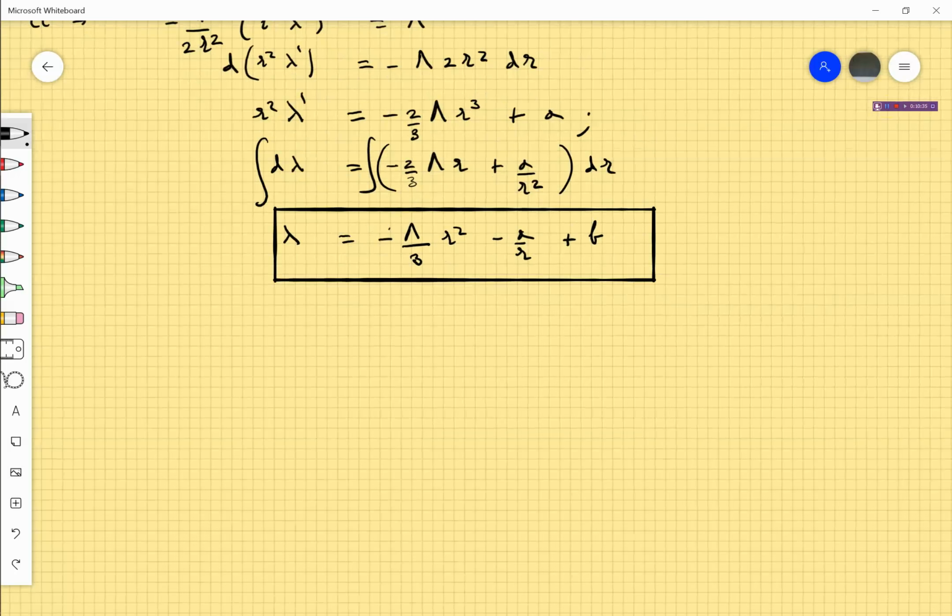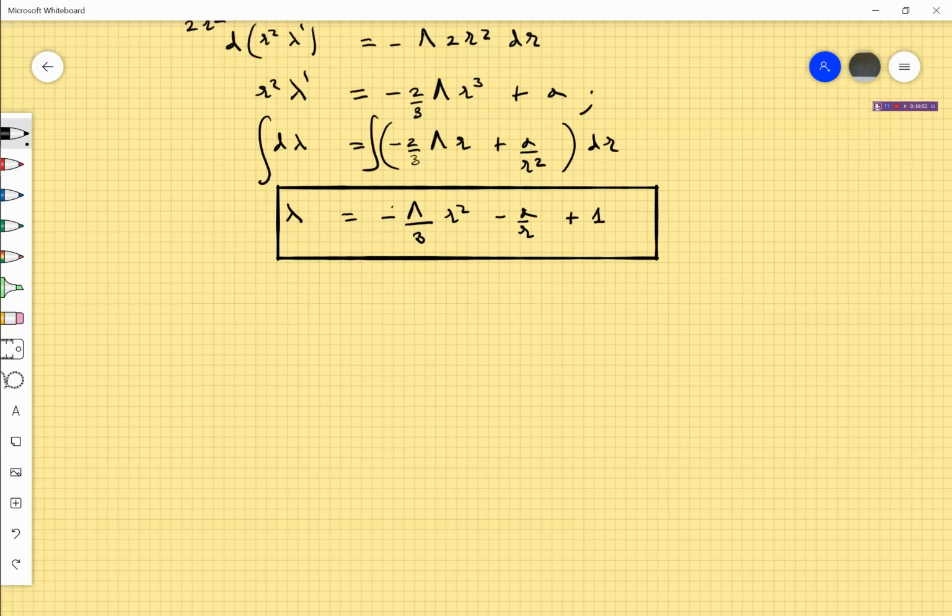If you want, you can check the theta theta component as an exercise, but this is it. With this b, again, we choose equal to 1 as a normalization. Okay, this is standard, and the solution can be expressed in this form.